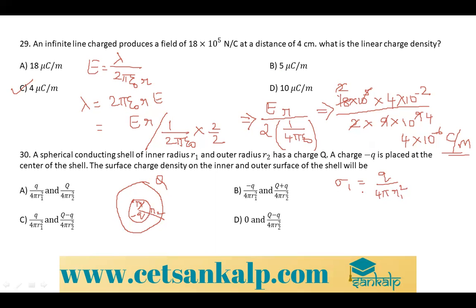That is sigma 1. Now what is the total charge on the outer surface? It is capital Q minus Q. So finally you can write sigma 2 is equal to Q minus Q divided by 4 pi R2 square. So option C is the right answer. I hope you are clear.